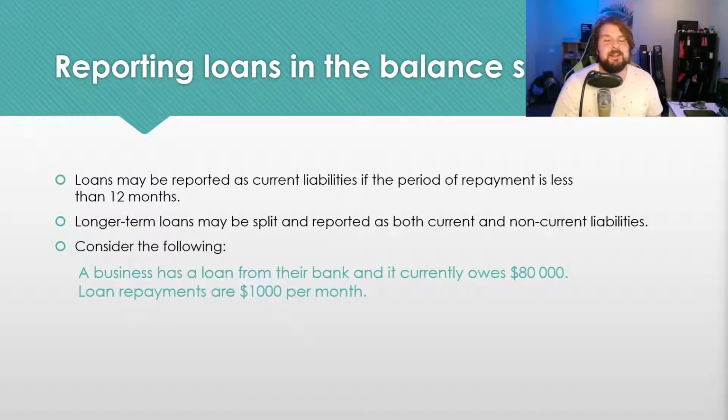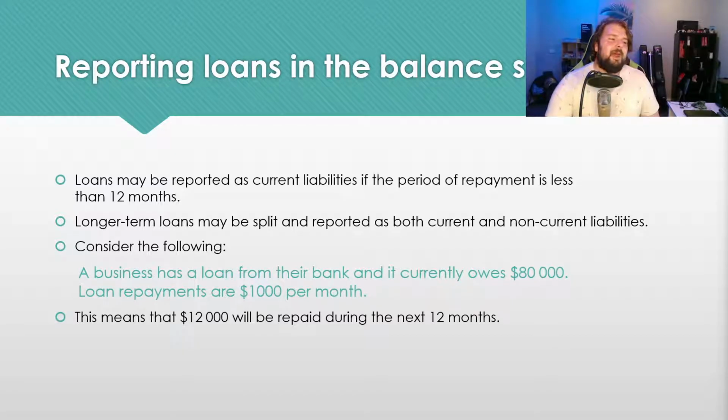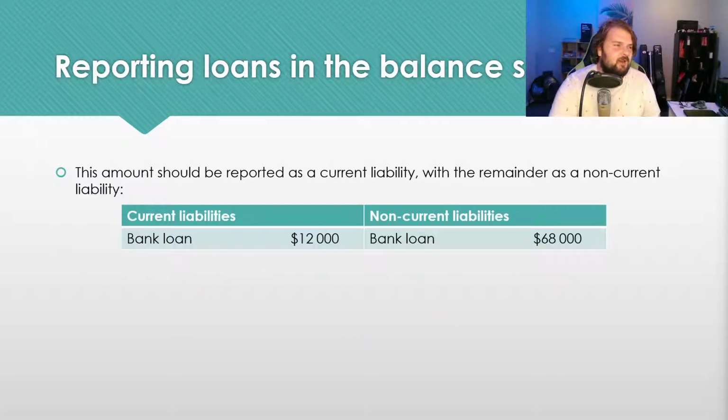Okay, clearly that's not going to be paid off in 1 year, but we will be paying off $12,000 in the next 12 months. So we can actually split it into two portions. We have our current liability of $12,000 and we have our non-current liability of $68,000.